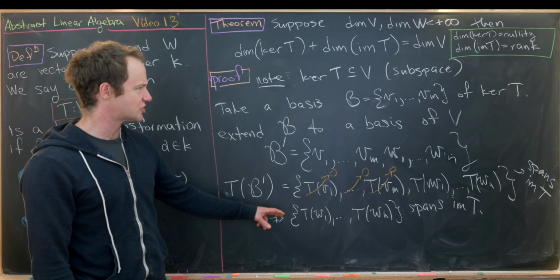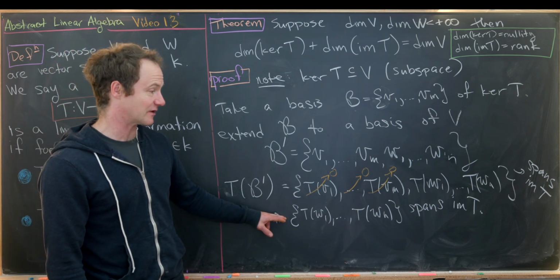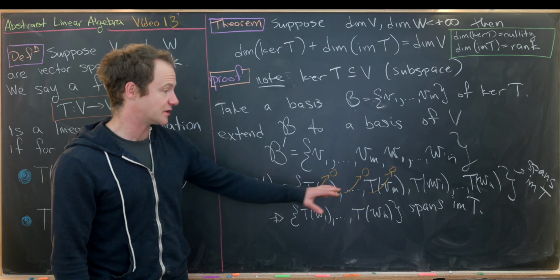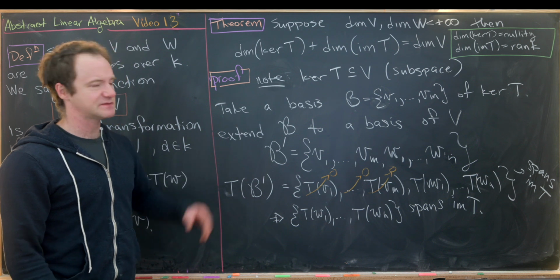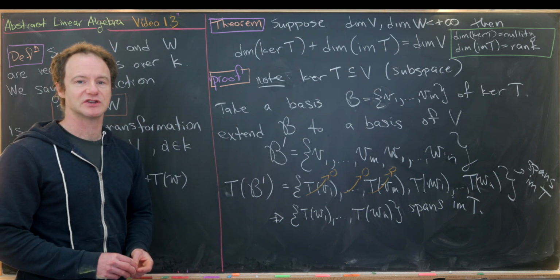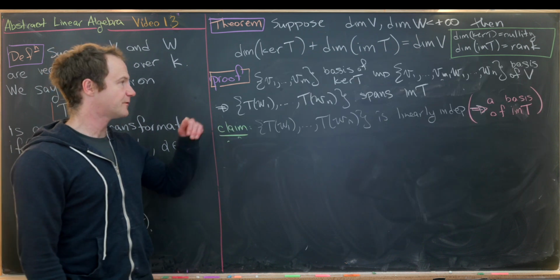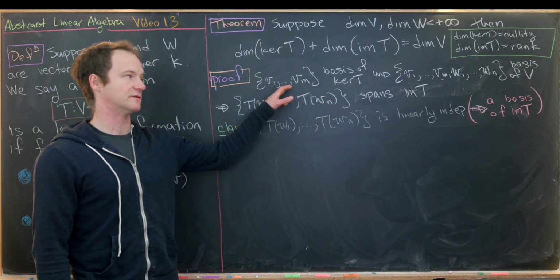Now we'd like to show that this is in fact linearly independent, and so this is actually a basis for the image of t. But we're running out of room, so let's maybe bring the necessary information to the top and then continue on. So far, we've taken a basis for the kernel of t.